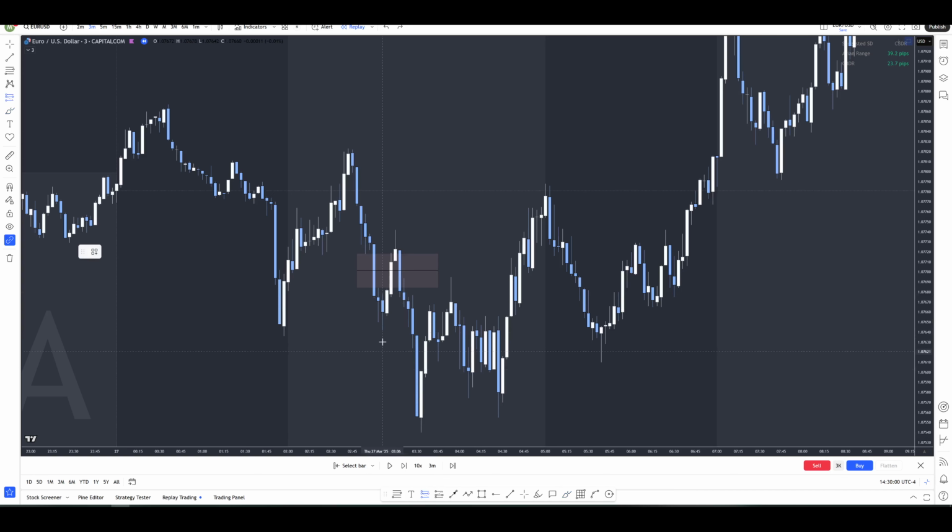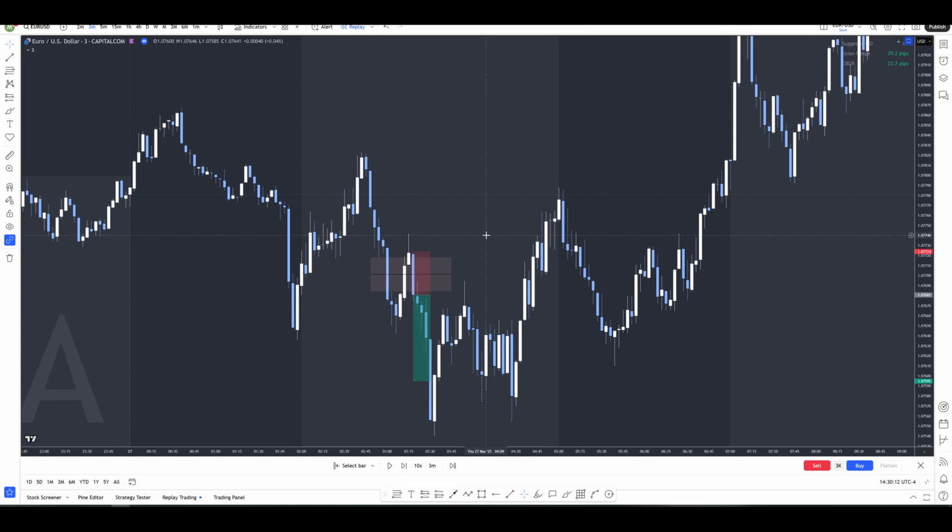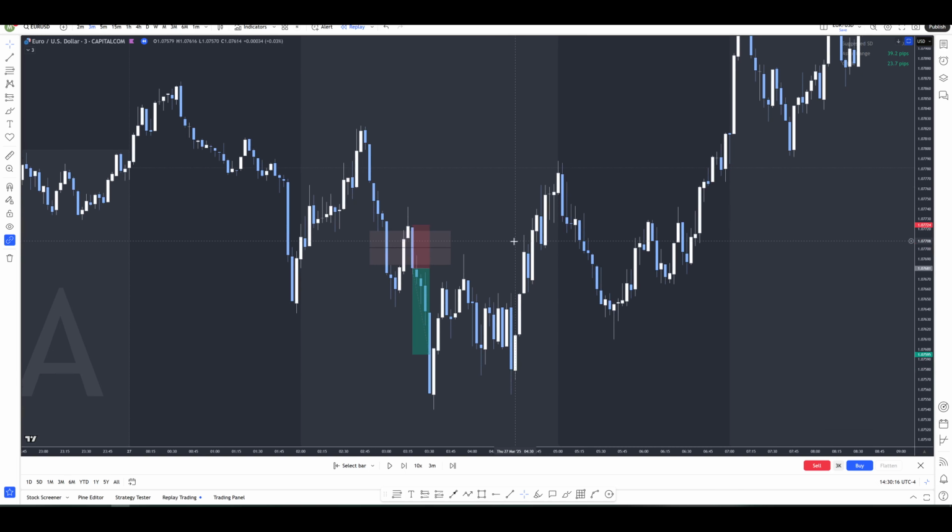So that's what I like to see. Stop loss above the candle, 1 to 2, like so. And also this is hit immediately without any retracements whatsoever.